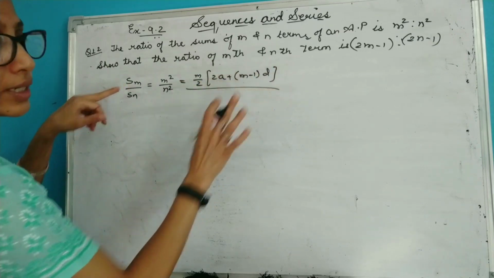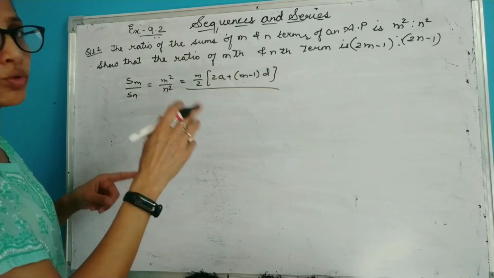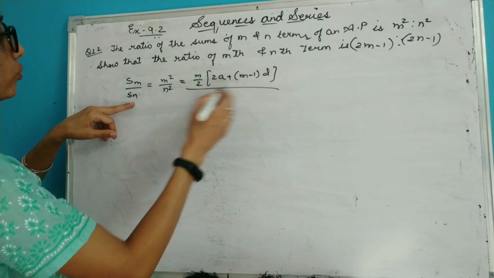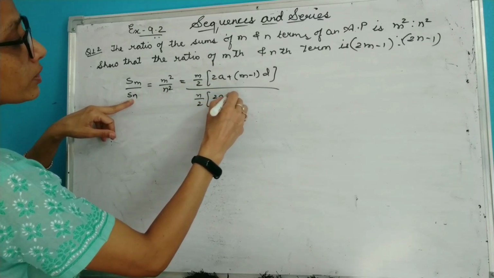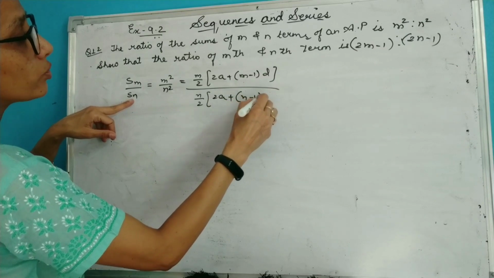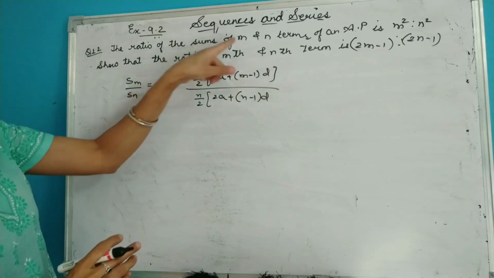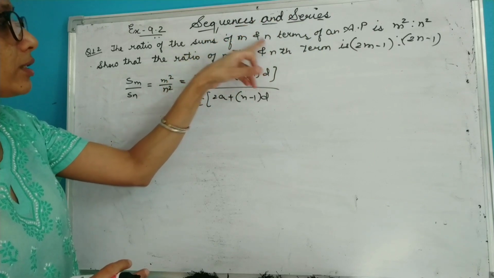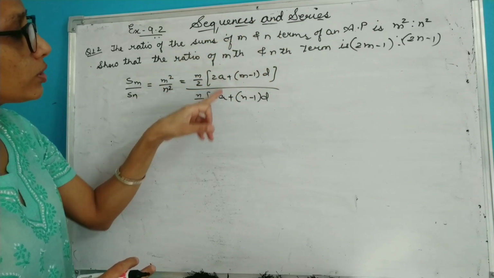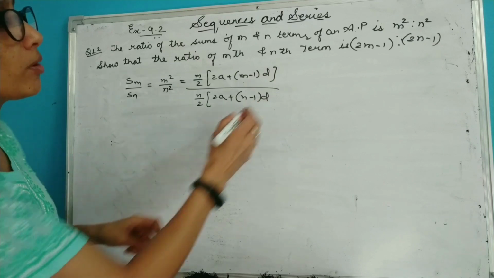Again I have used the same formula, n by 2, 2a plus n minus 1 into d. Since for the same AP we are calculating its mth and nth term, that's why I have used the same first term and same common difference.